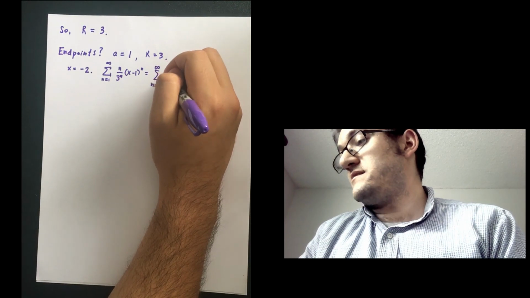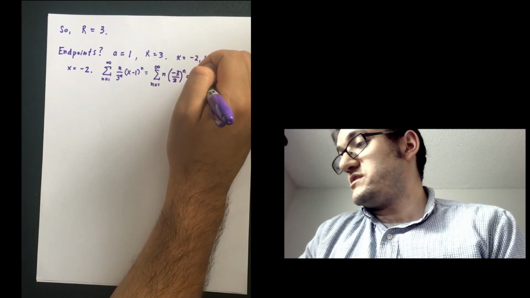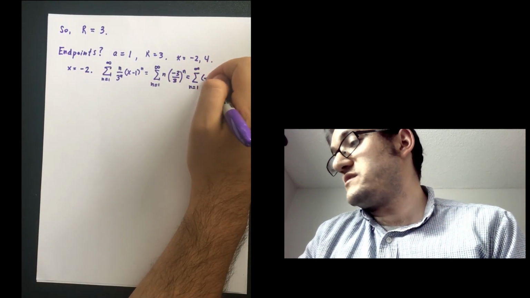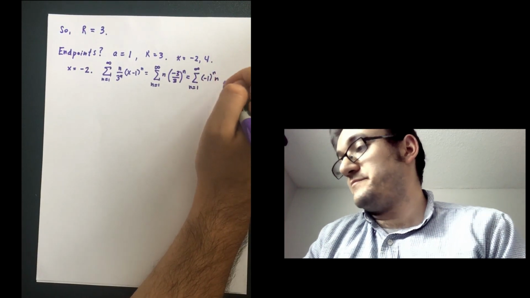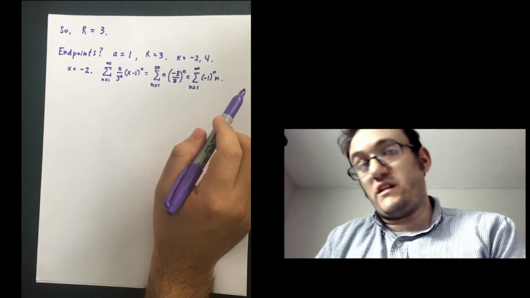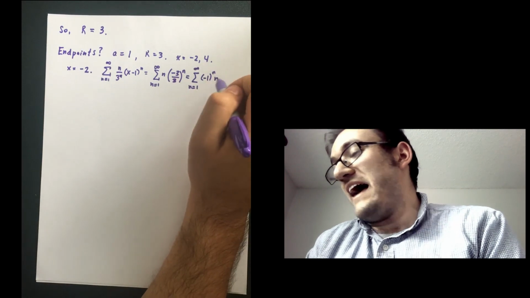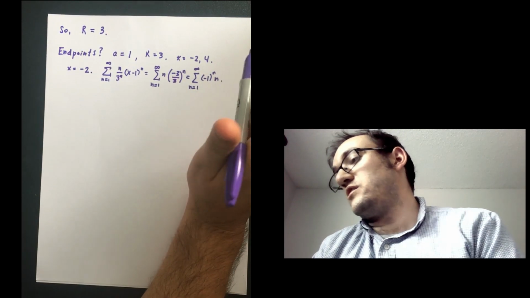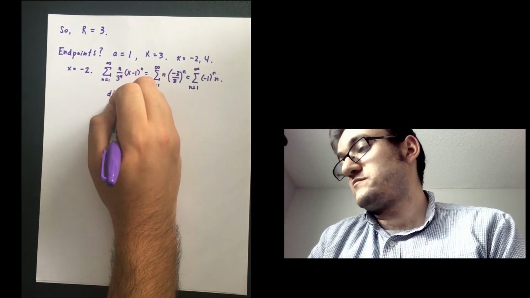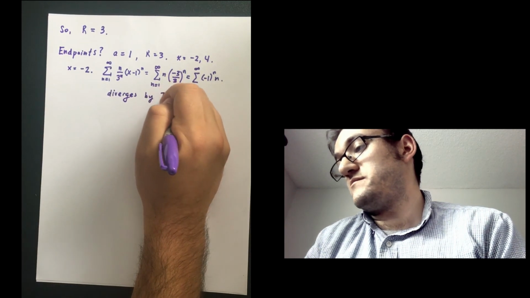So then it's n times minus 3 over 3 to the n, which is just the sum from n equals 1 to infinity of minus 1 to the n times n. Just looking at this, you can see that these terms are going off to infinity and negative infinity. The sign is oscillating, but the absolute value is getting infinitely large. So we know that this diverges by the test for divergence.